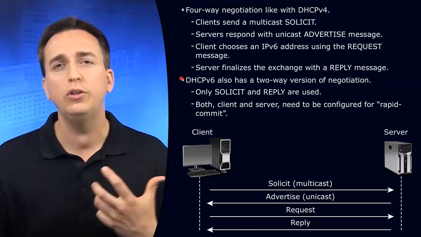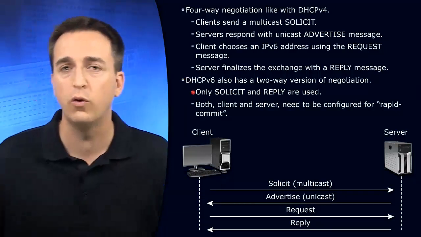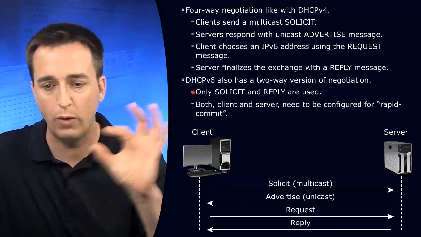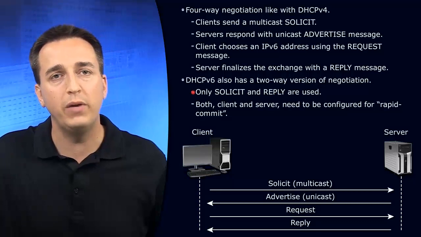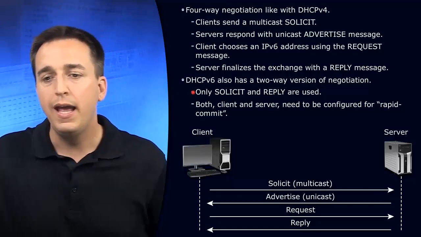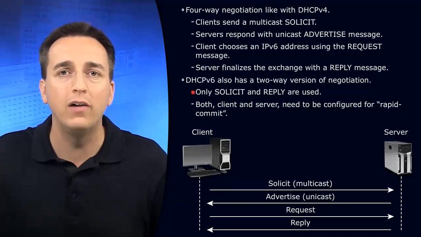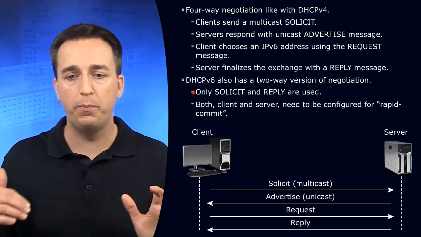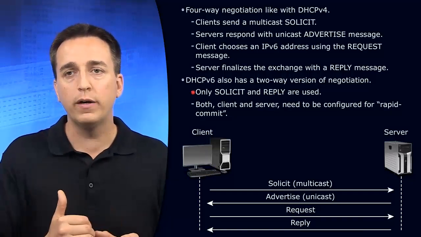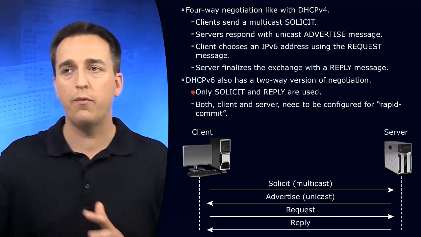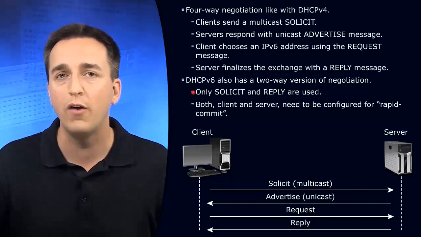We lose a little bit of security here when we utilize this two-way version instead of the four-way version, because we miss the whole advertise and request to make sure that everything is accurate, everything is as we intend it to be. Instead, we are rapidly moving from solicit to reply. And this is effective in extreme mobile environments where users potentially are moving from one network whereby they have a certain IP address to another network and then to another, and their IPv6 address keeps changing depending on where they are.